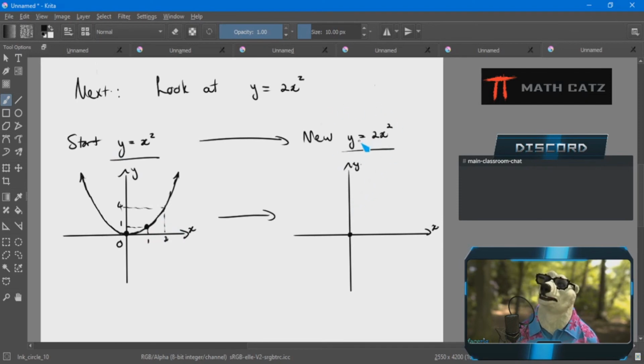Now when x is equal to 1, I'm going to do the same thing I did originally. The right-hand side is still there, but then it's multiplied by 2. So now I'm going to sit higher up. I've doubled my y value to 2.